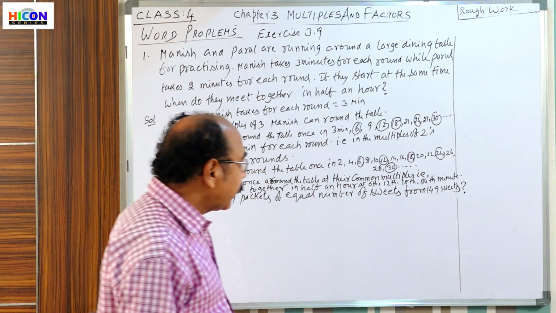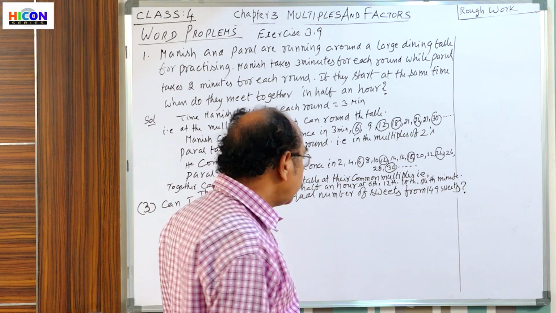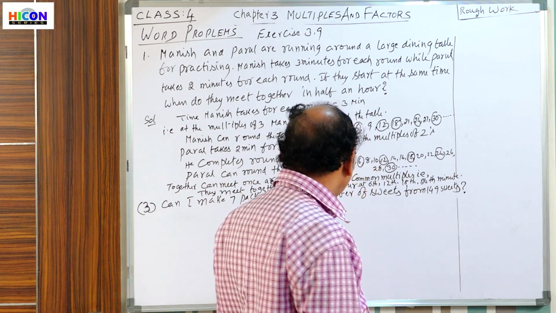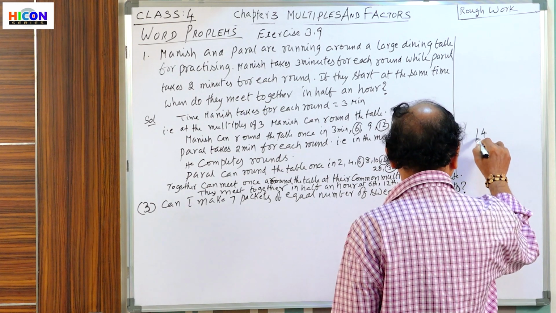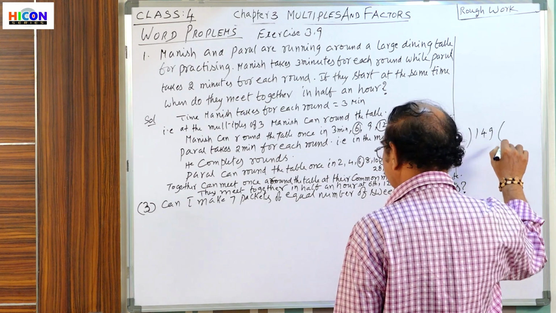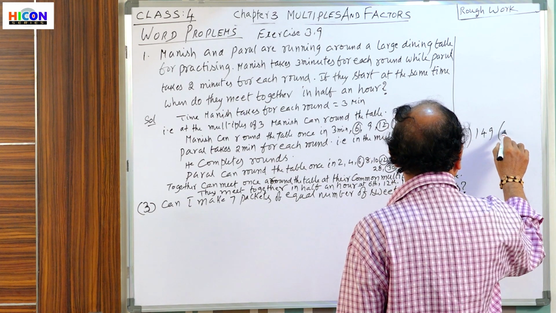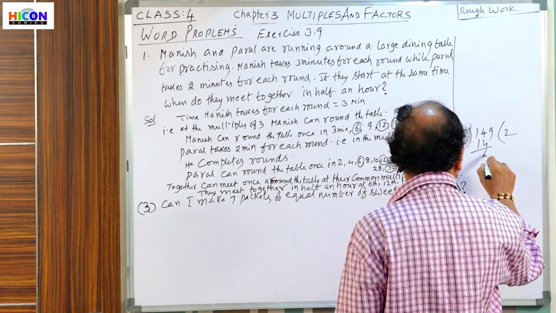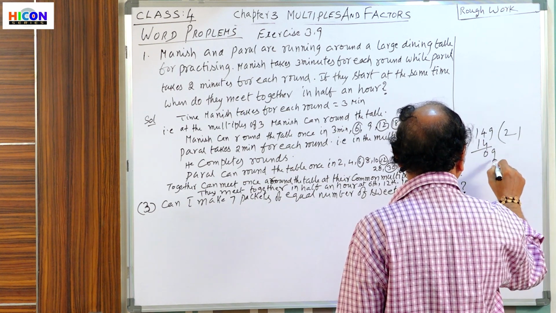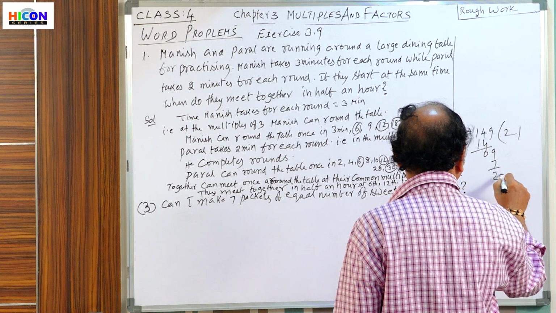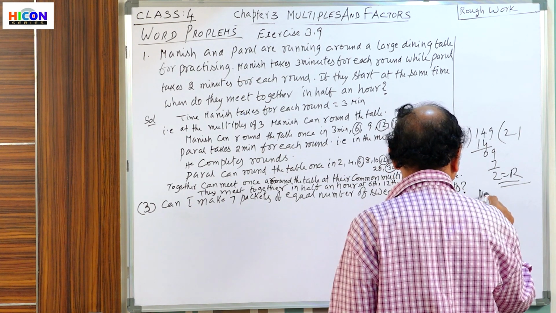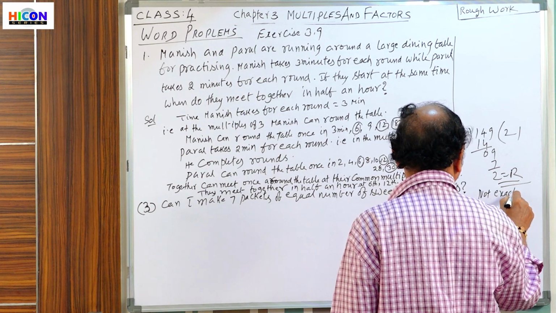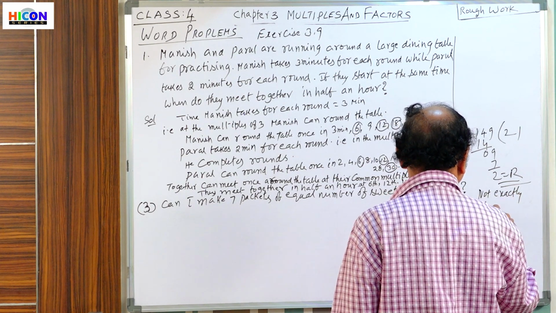Yes sir, 7 packets are there. If the sweets were distributed in 7 packets, here you divide 149 by 7. 7 twos are 14, 9 you take, 7 ones are 7. 2 remainder, not exactly divisible.